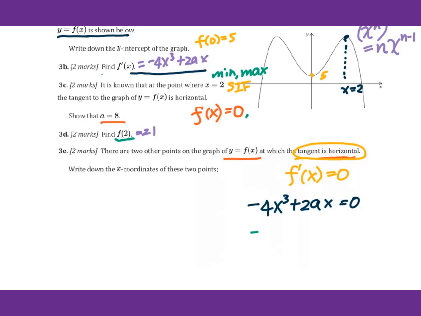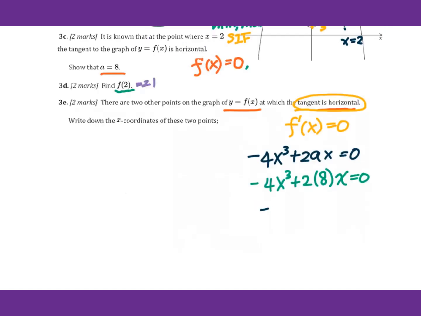You will get negative 4x to the third power plus 2 times 8x equals 0. Organize, you will get negative 4x third power plus 16x equals 0.